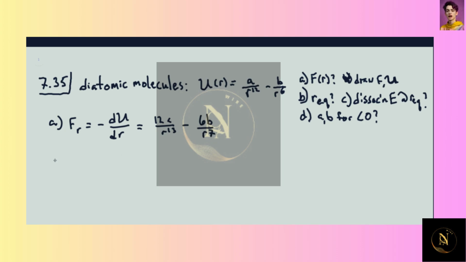And so if we sketch these, U has a vertical asymptote at the y-axis. It dips down to be negative and then is negative with a horizontal asymptote out to infinity here.